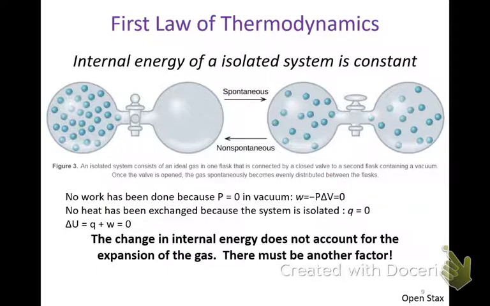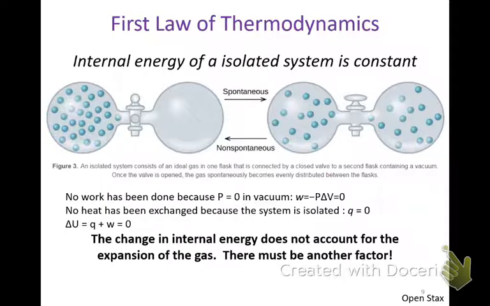You should be able to understand also that because this system is isolated, because there's nothing coming in or coming out, no heat has been exchanged. So no heat has been transferred between the system and surroundings. So what that means is that there has been no change in the internal energy of the system.